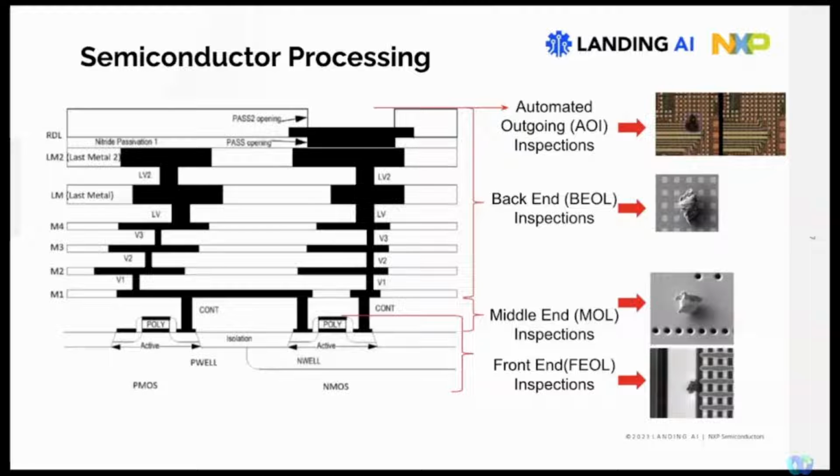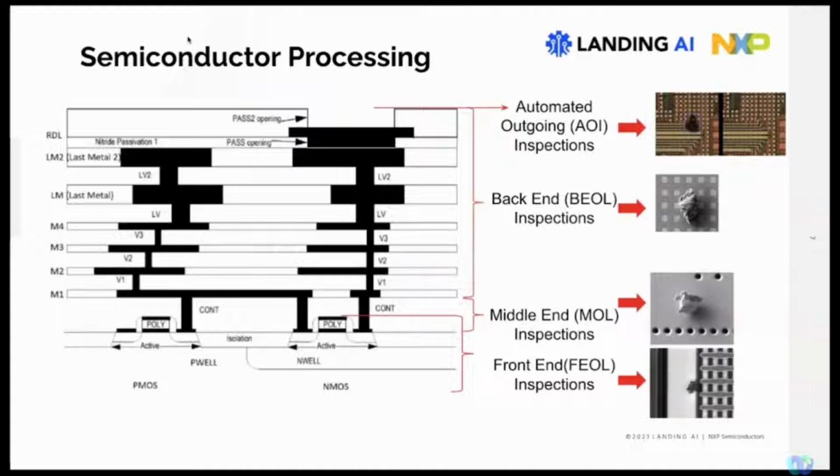I notated here what we call front-end inspections and middle-end inspections, and the types of defects that we observe in these inspections. Of course, as you go along the process flow, you would see all these defects, and you would accordingly control your processes for what these defects are generated by.